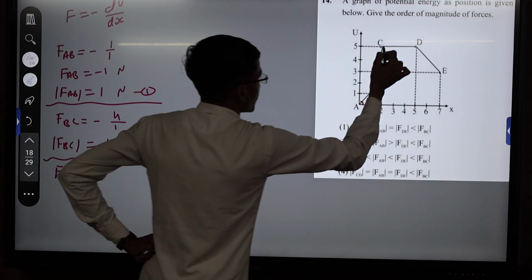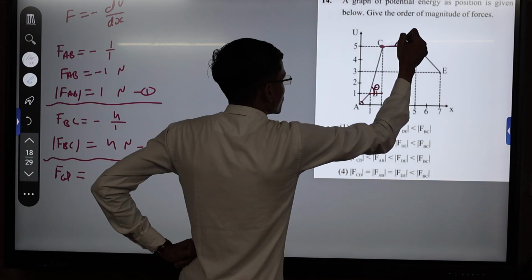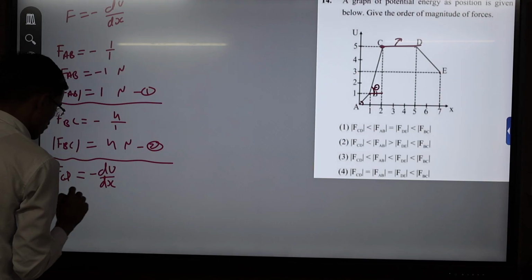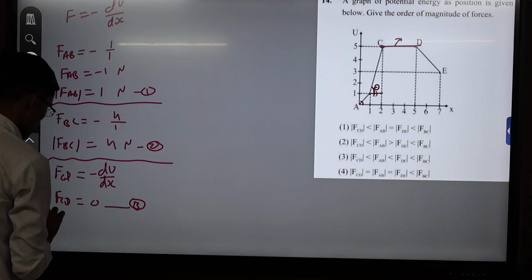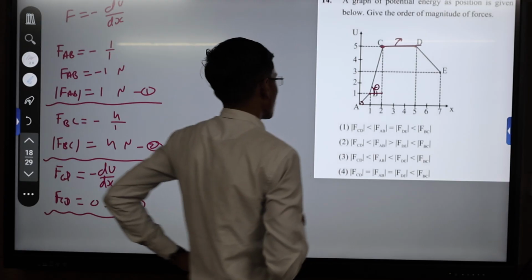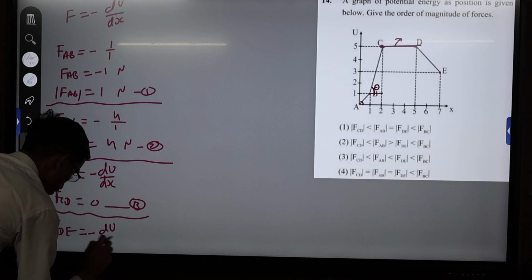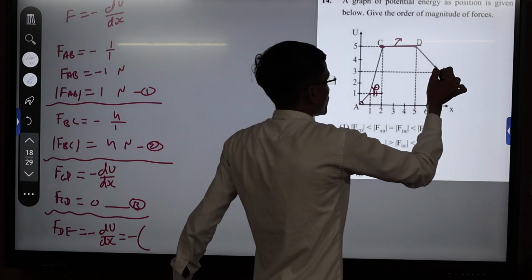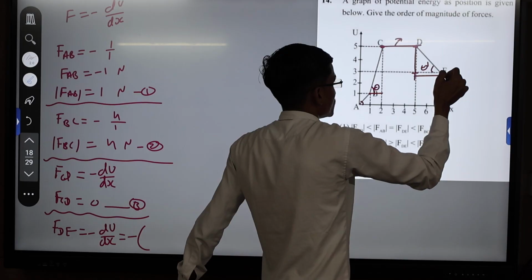In region CD, there is a slope, but the slope is 0. So minus dU by dx will become 0. So FCD is equal to 0. Let us say value 3. Now the final value, force in region DE. The force in region DE is given as minus dU by dx. So let us say this is theta dash. So this is opposite and this is adjacent.